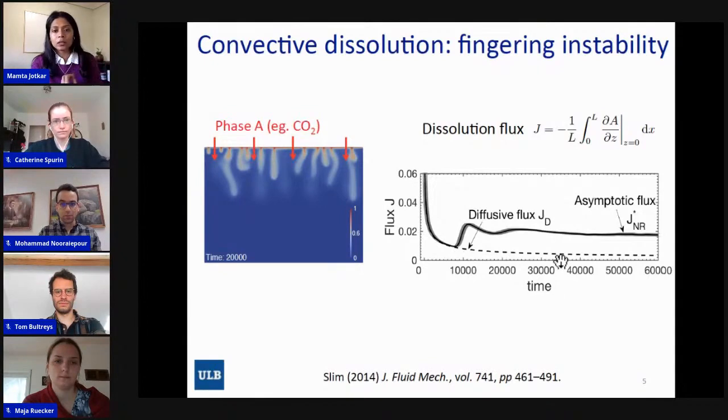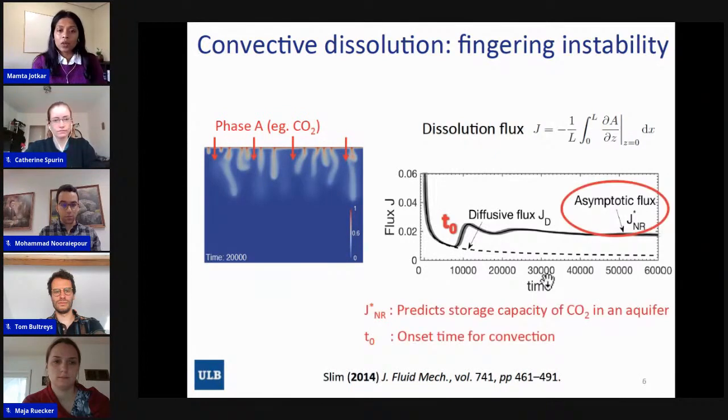When the convective instability sets in, it departs from this limit and eventually settles into a higher asymptotic one. This asymptotic flux gives us a prediction of the amount of CO2 that can be dissolved in a given aquifer. The onset time for convection is referred to as T0. Both these quantities are important and help us predict the efficiency of a given system.